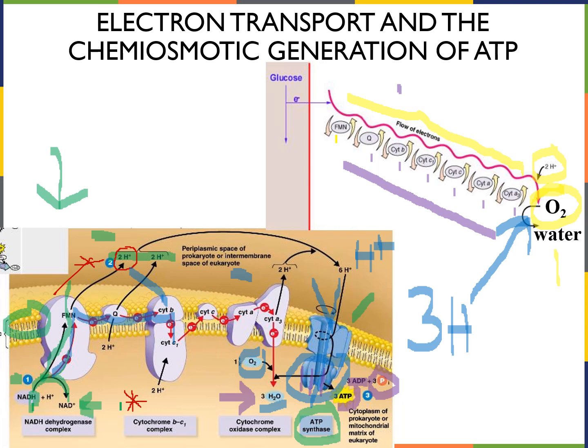I ask you the name of the enzyme ATP synthase and what it does. Well, it makes ATP from ADP. And then I ask you, what is the terminal electron acceptor for aerobic respiration? And it's this, it's oxygen.